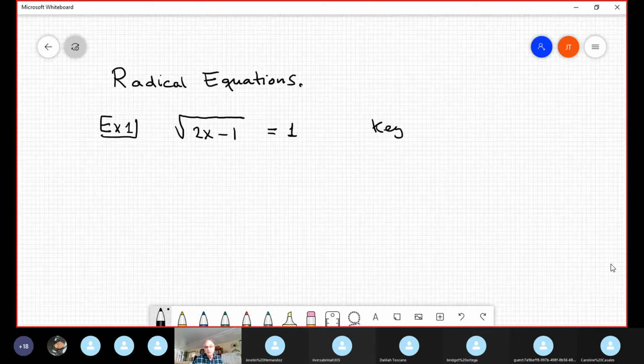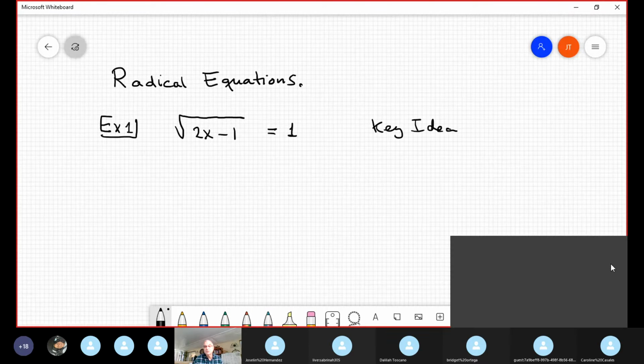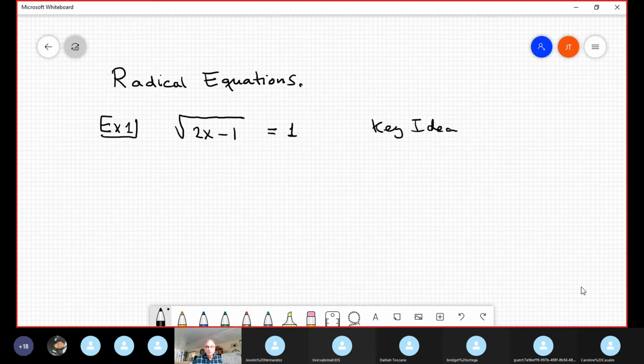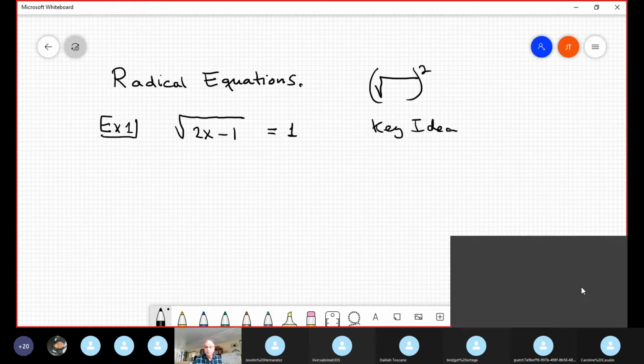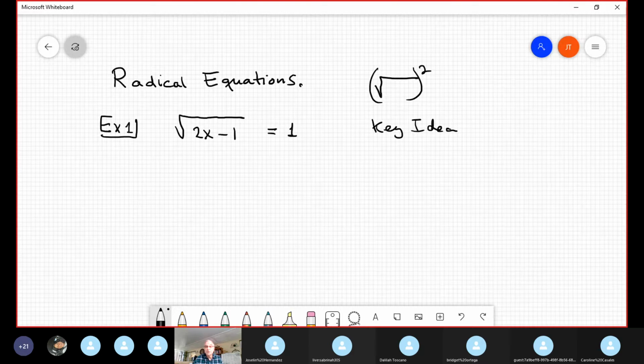What is the key idea in the radical equation? Suppose you have a square root. In order to eliminate the square root, you square. Suppose you have, for example, a cubic root, you raise to the cubic power.